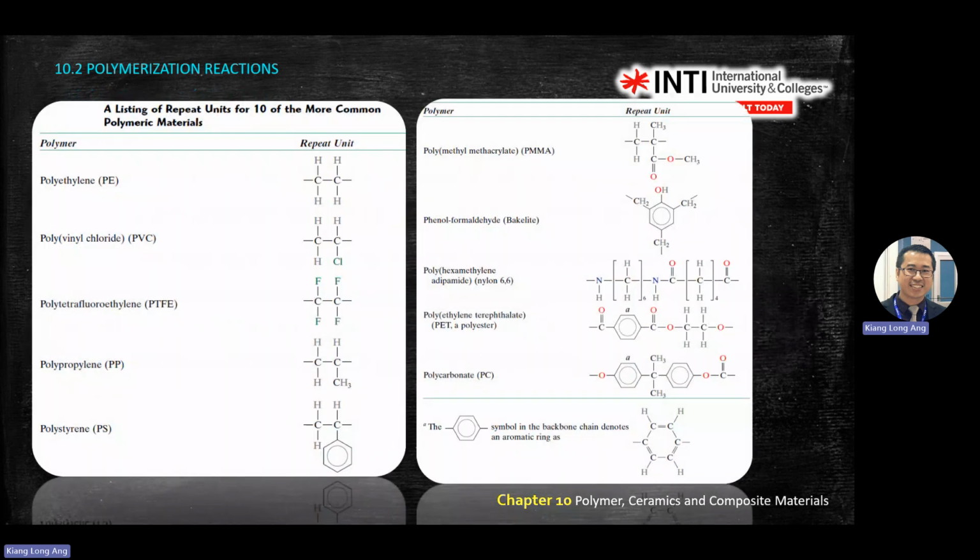Okay, you'll be seeing this table in the final exam. So just now the example is the first one. If the question mentions polytetrafluoroethylene, PTFE, and asks you to explain the process from initialization to termination, you start with the equation R dot plus this one, and then you try to break. Understand?